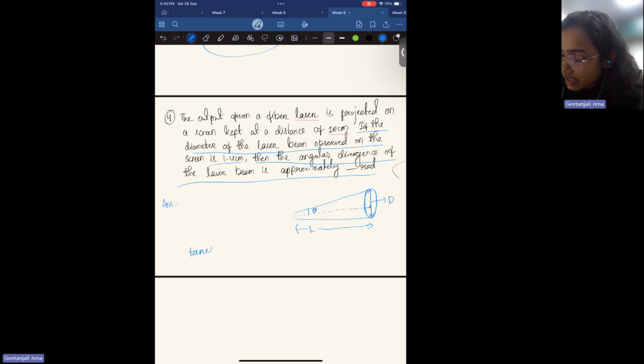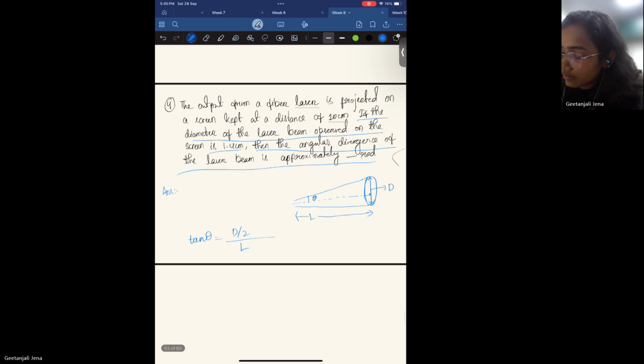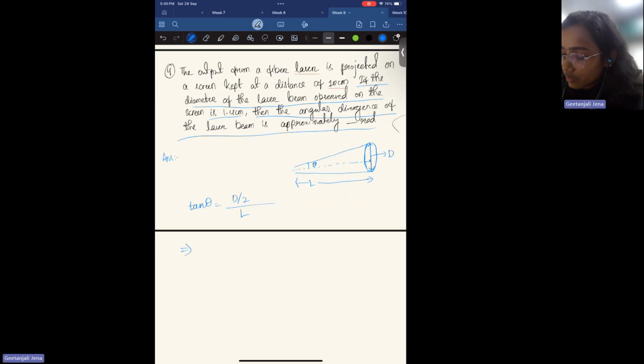So tan theta you can take as d by 2 divided by L. So theta will come around tan inverse d by 2L.